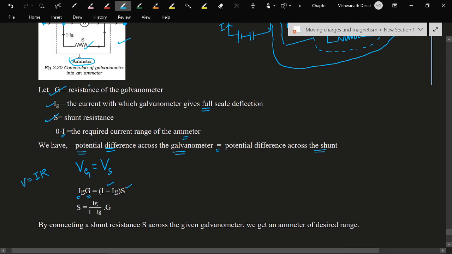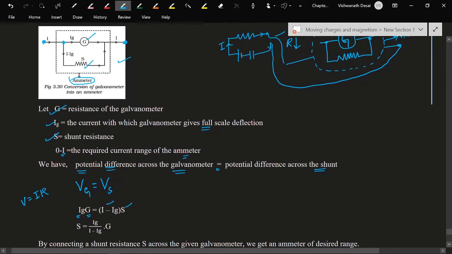I minus Ig is the current which is passing through the resistance. You can see I minus Ig is flowing through this resistance. Therefore we take (I minus Ig) into S.